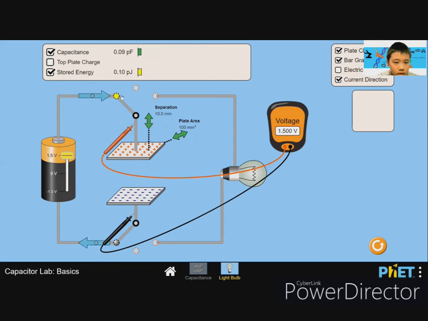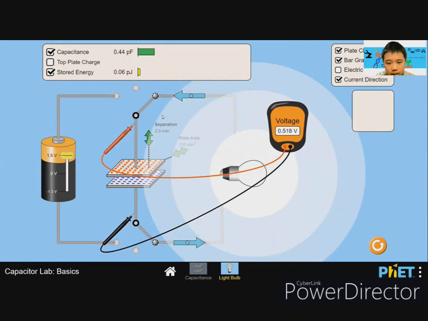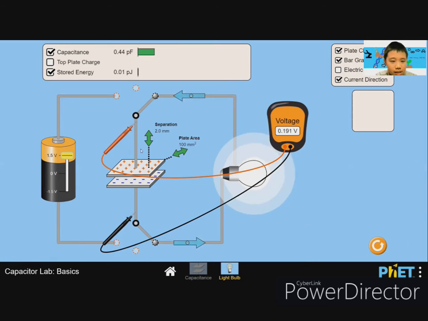Also, this configuration had 0.09 picofarads, and the stored energy was only 0.10 picojoules. So, back to this one. Now, as you can see, the light is basically the same brightness, but it goes out slower. In other words, the capacitor discharges at a slower rate.